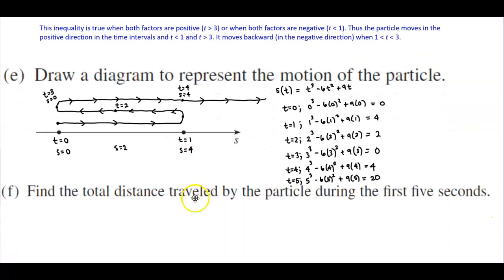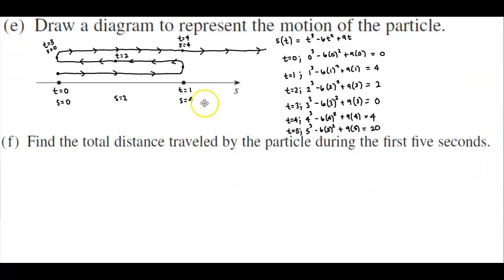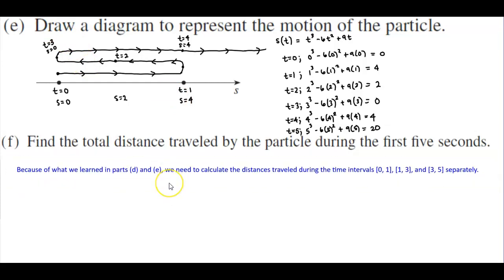Now we want to find the total distance traveled by the particle during the first 5 seconds. Because of what we learned in parts D and E, we need to calculate the distances traveled during the time intervals 0 to 1, 1 to 3, and 3 to 5 separately, because that's where it changed direction.